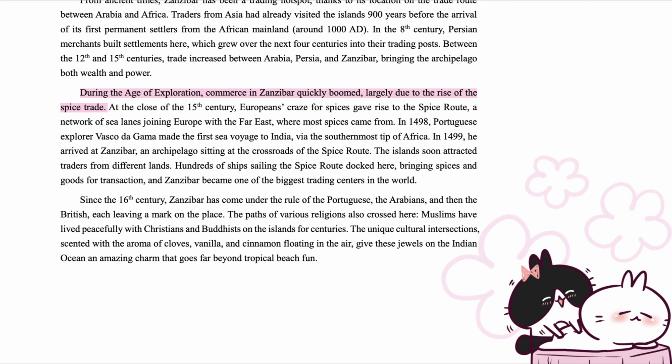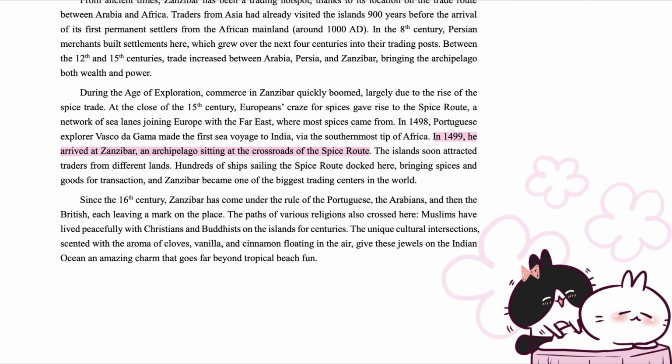During the age of exploration, commerce in Zanzibar quickly boomed, largely due to the rise of the spice trade. At the close of the 15th century, Europeans' craze for spices gave rise to the spice route, a network of sea lanes joining Europe with the Far East, where most spices came from. In 1498, Portuguese explorer Vasco da Gama made the first sea voyage to India, via the southernmost tip of Africa.